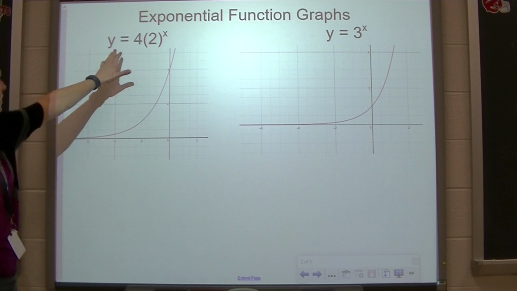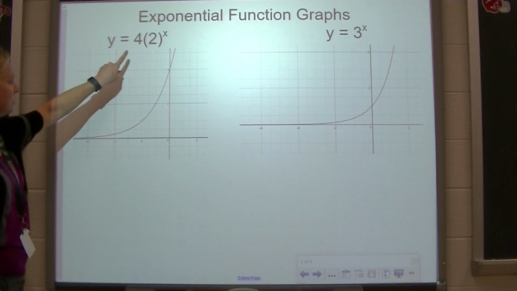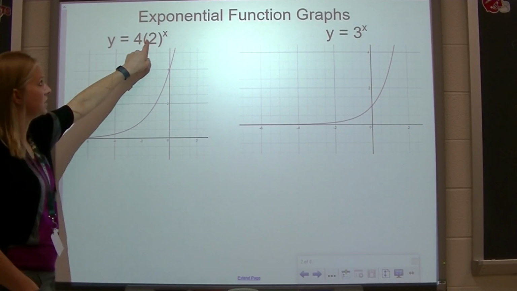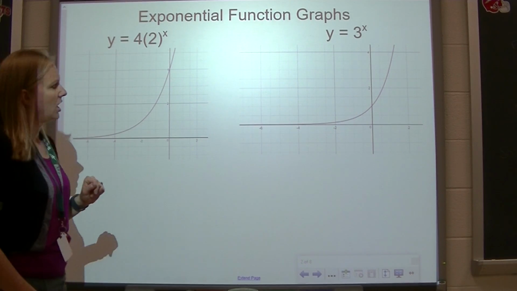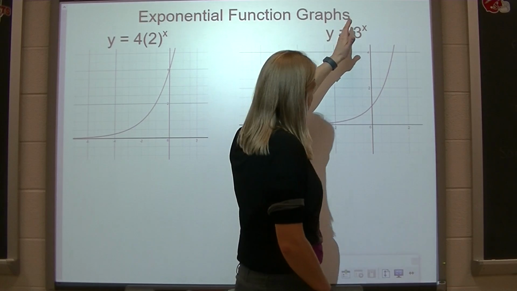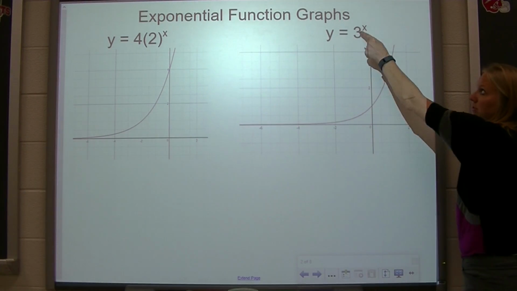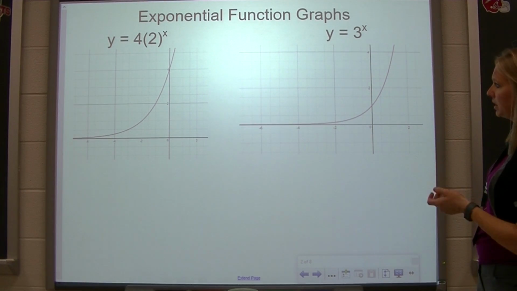This is the graph of y equals 4 times 2 to the power of x. Notice when x is 0, y is 4, because anything raised to the 0 power is 1, and 4 times 1 is 4. In this case, y equals 3 to the power of x. Notice how when x is 0 here, y is 1, because 3 to the 0 power is 1. So these are just possible graphs.